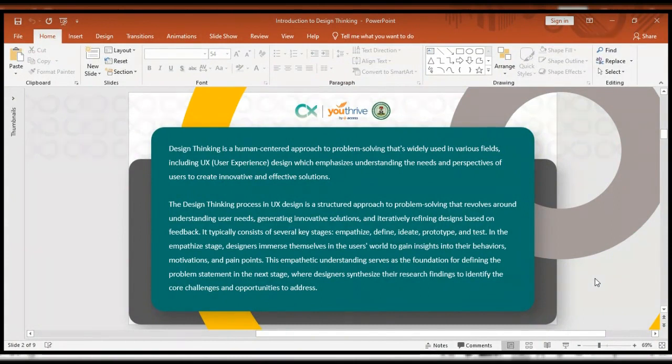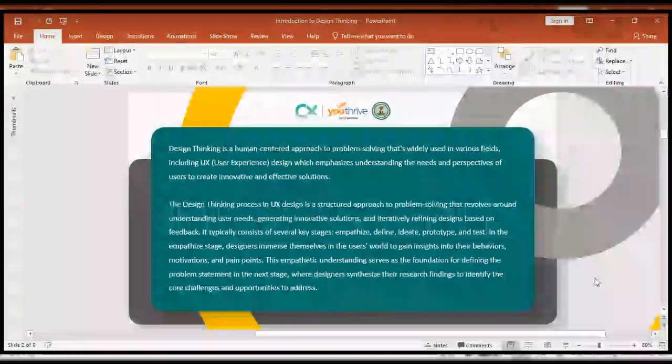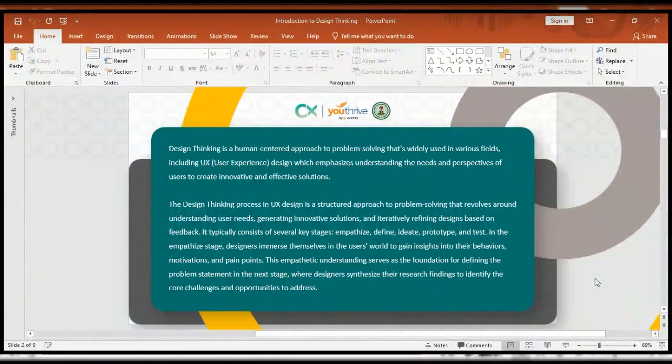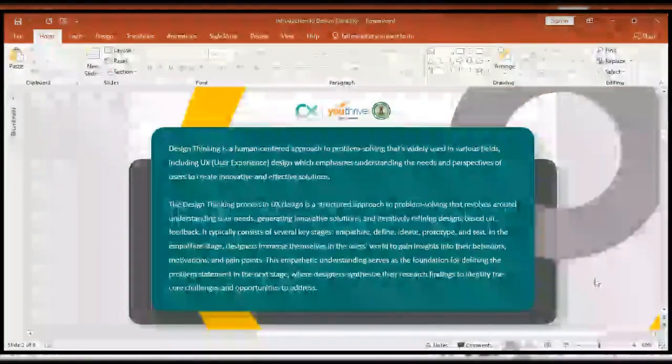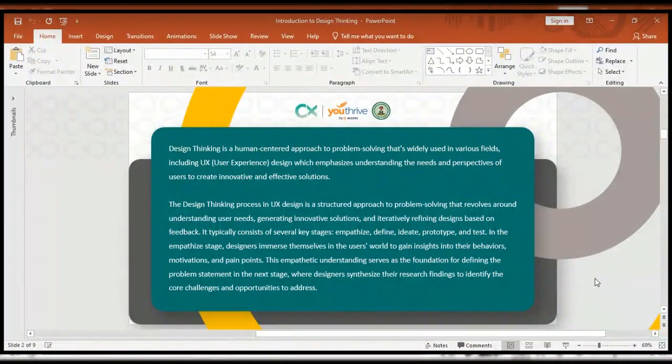So today we're going to talk about the design thinking process, which is one of the major processes you can use in your UX designs. The design thinking process in UX design is a structured approach to problem solving that revolves around understanding human users' needs, generating innovative solutions, and iterating designs based on feedback.